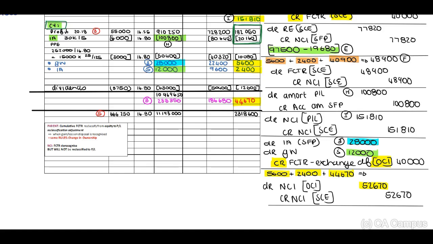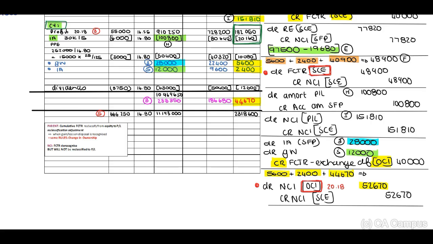You will identify that we will debit our NCI in our OCI account because we are within 2018 and this relates to the 2018 details. Compared to our previous journal, we've debited, guys, our FCTR in our statement of changes in equity. Do you see this in terms of our NCI's portion?